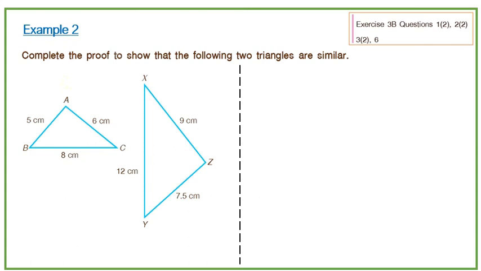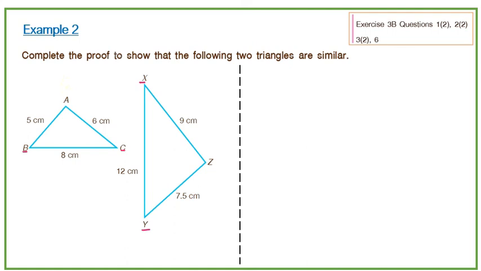Let us get example number 2. Now, complete the proof to show that the following two triangles are similar. So, let us get the corresponding sides.